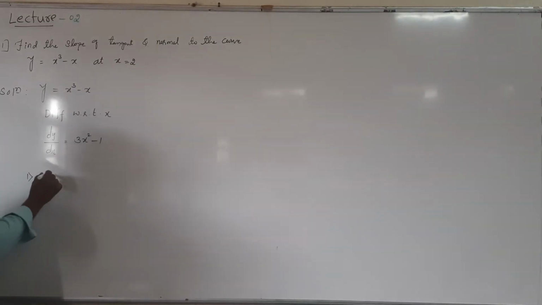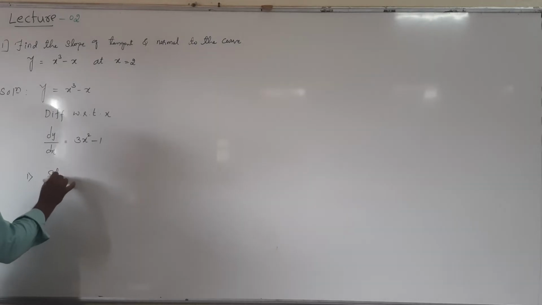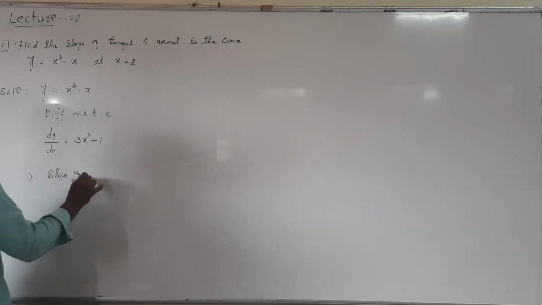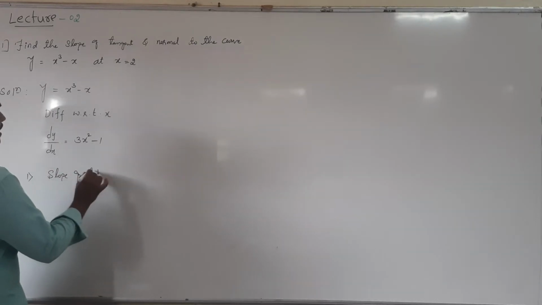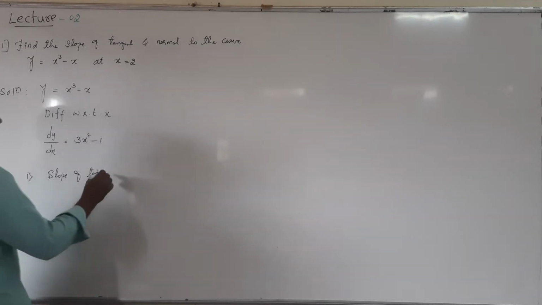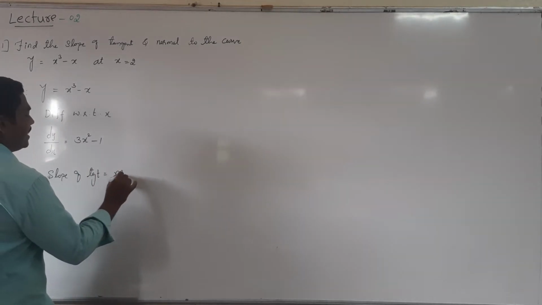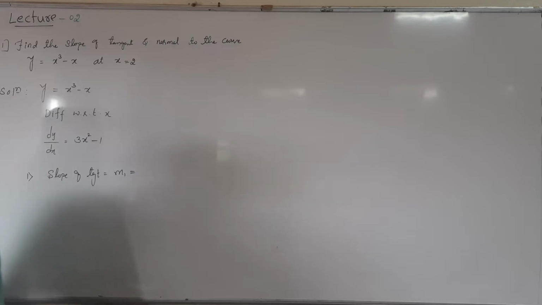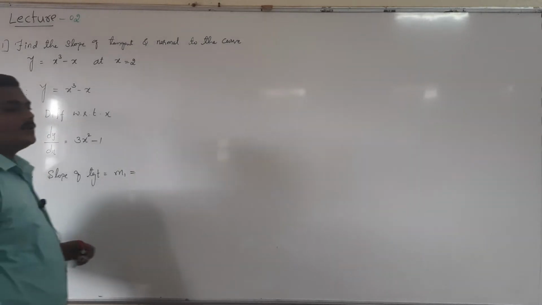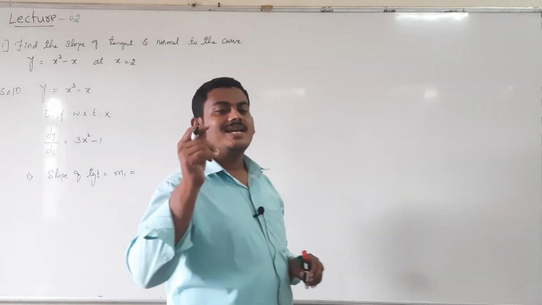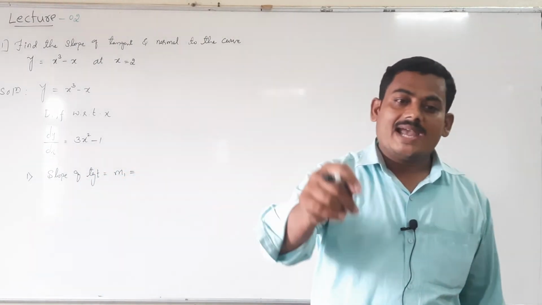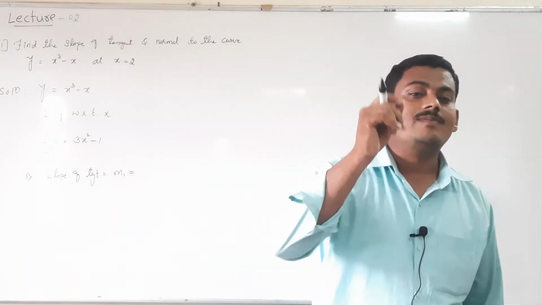After getting dy by dx, write the slope of the tangent line. Slope of the tangent line is denoted with m1. What is m1? Already you know, the slope of the tangent line is nothing but dy by dx at a given point.